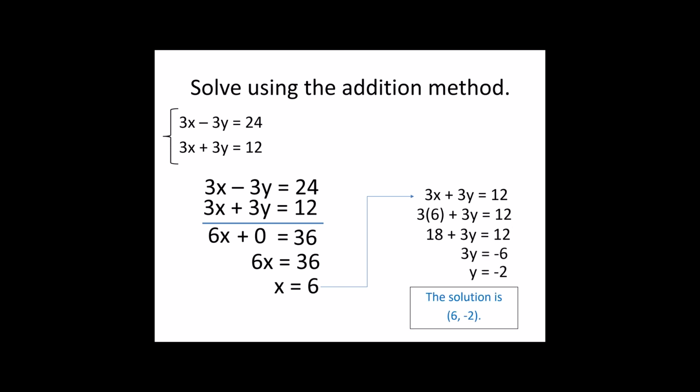In this case, you get 6, negative 2. If I plug in a 6, I get 18. If I plug in a negative 2, I get plus 12, or plus 6. 18 plus 6 is 24. 3 times 6 is 18, plus this would be a negative 6. 18 plus negative 6 is also 12. This does, in fact, work.